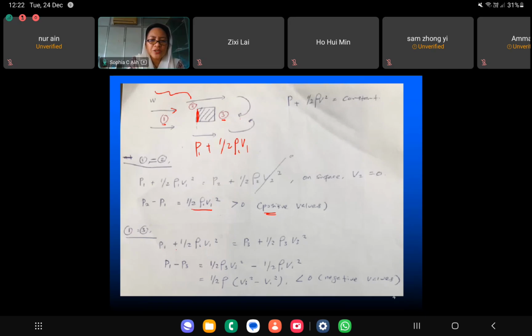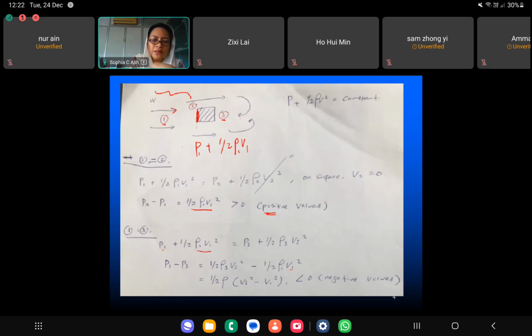Again, if I put the equation P1 plus 1/2 rho 1 V1 square equal to P3 plus 1/2 rho 3 V3 square, and make it P1 minus P3, it will be equal to 1/2 rho V3 square minus V1 square when simplified.